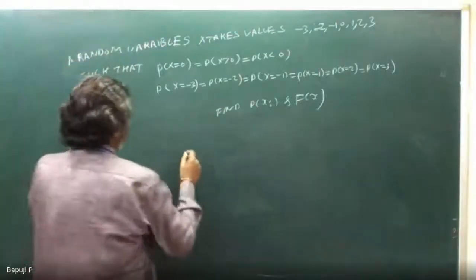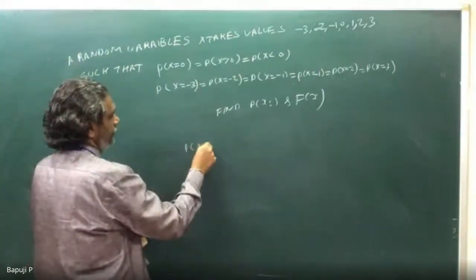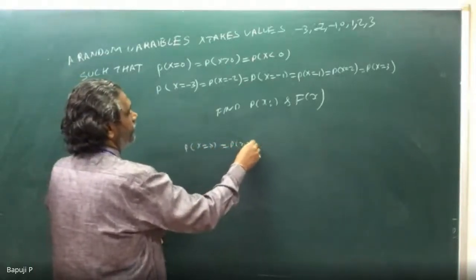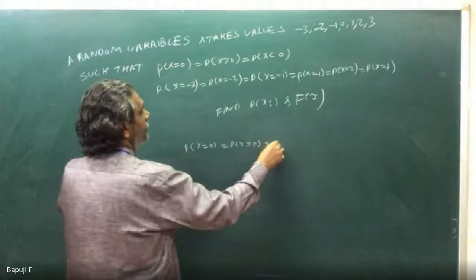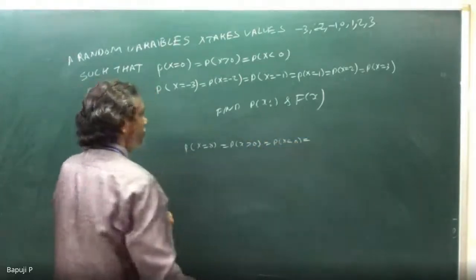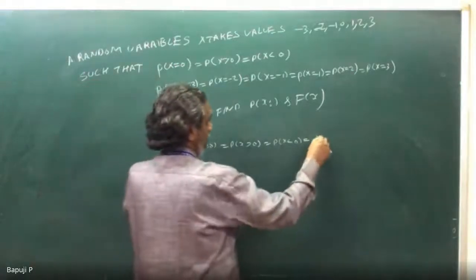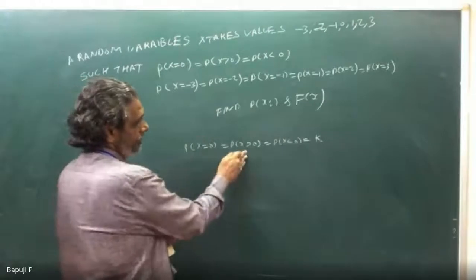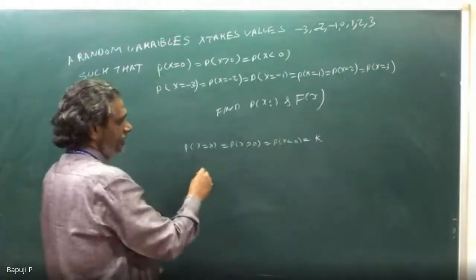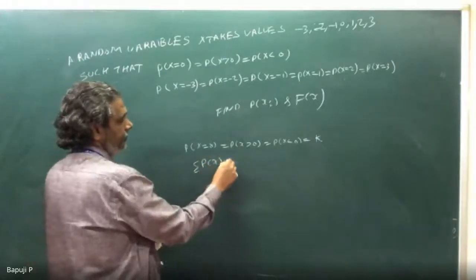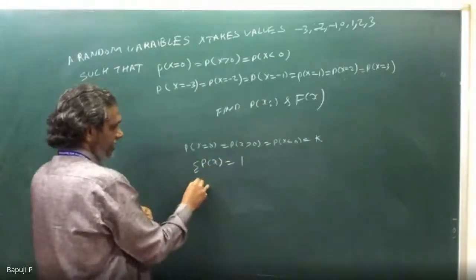Suppose I ask you this probability: x equal to 0 is equal to K. But x equal to 0, x greater than 0, x less than 0, the sigma of p of each is 1. So, how can I write it?